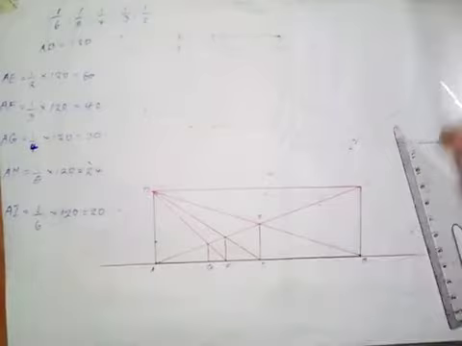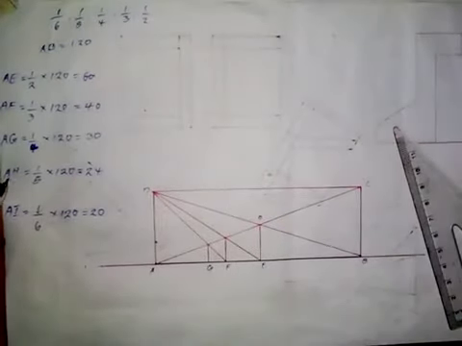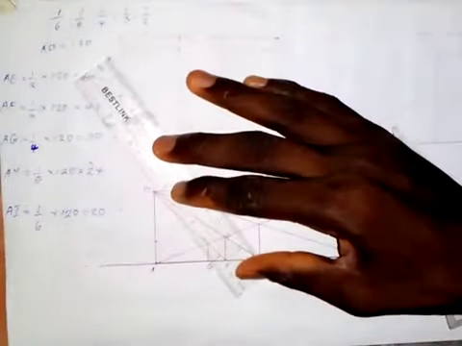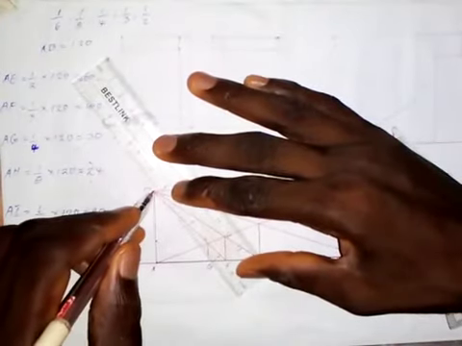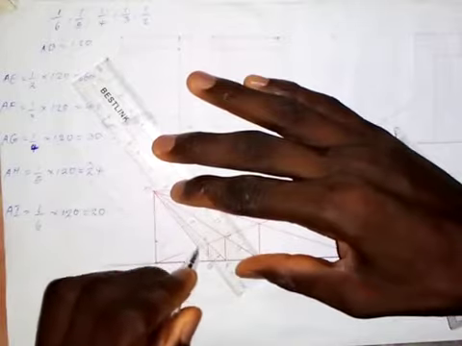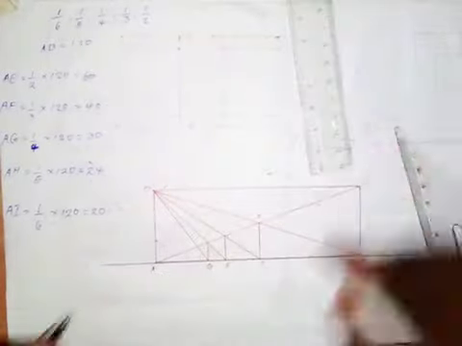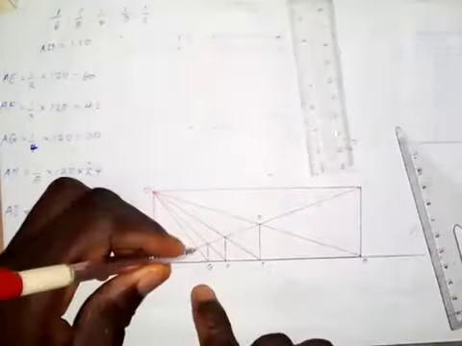Next, I want to get line AH, which is 24 millimeters, when we divide 120 by 1/5. I need to draw a line DG like this. Line DG intersects AC at this point.